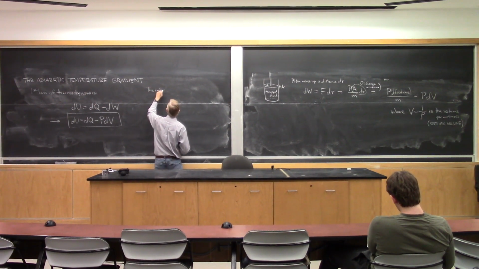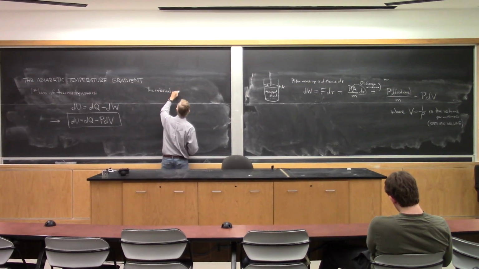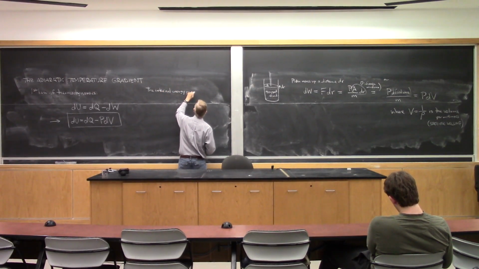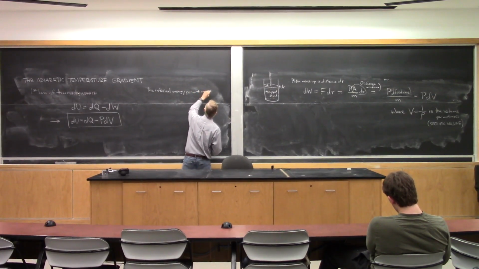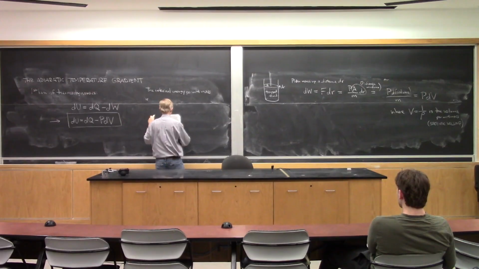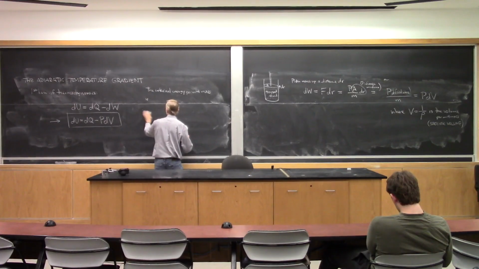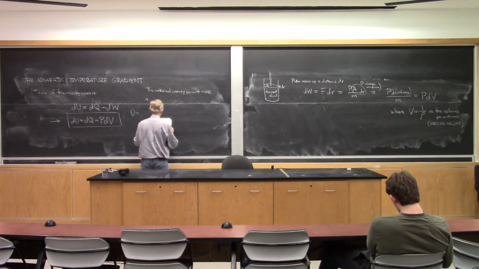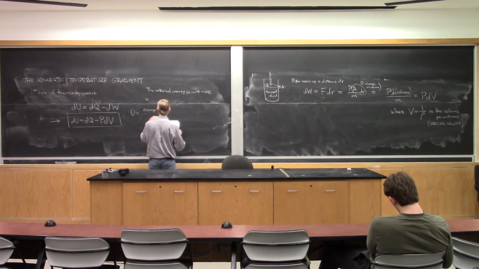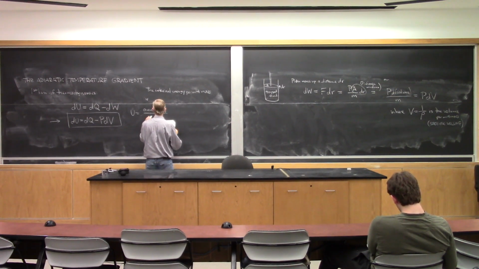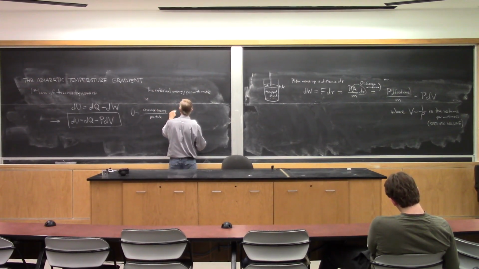The internal energy per unit mass is U equals the average energy per particle times the number of particles per unit mass.